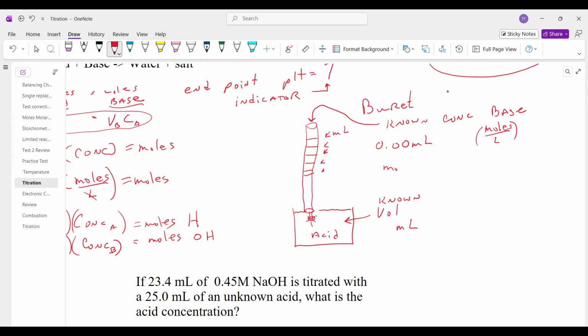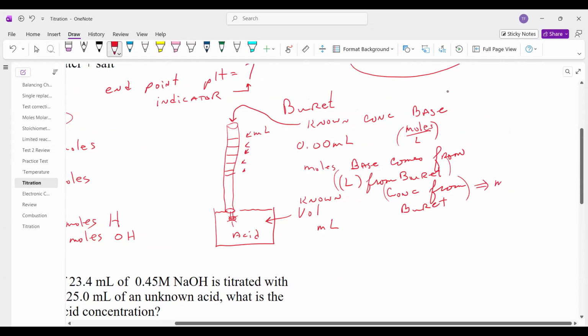So moles of base: liters from the burette and concentration from the burette will give us moles of OH.